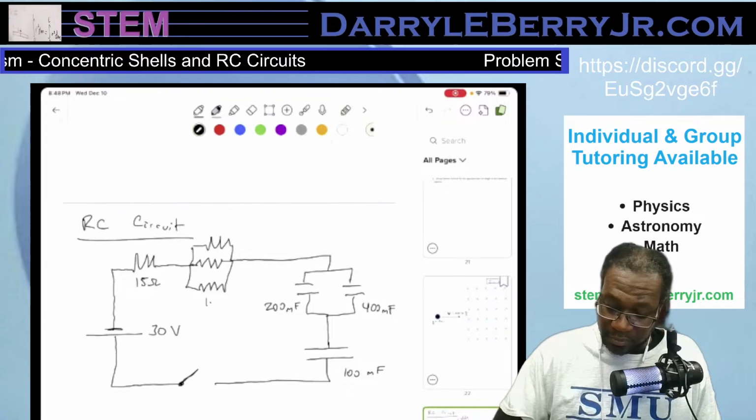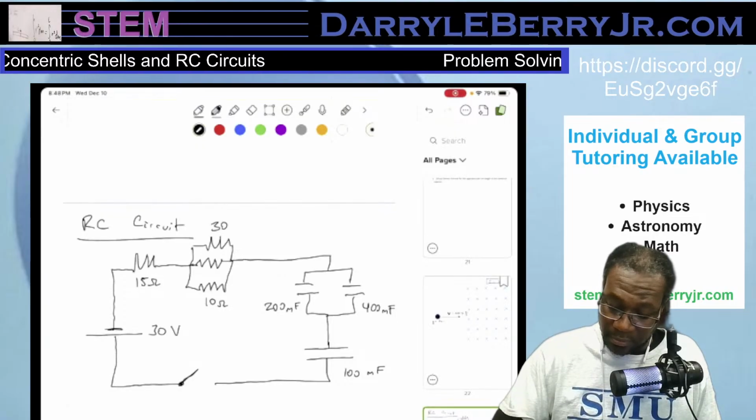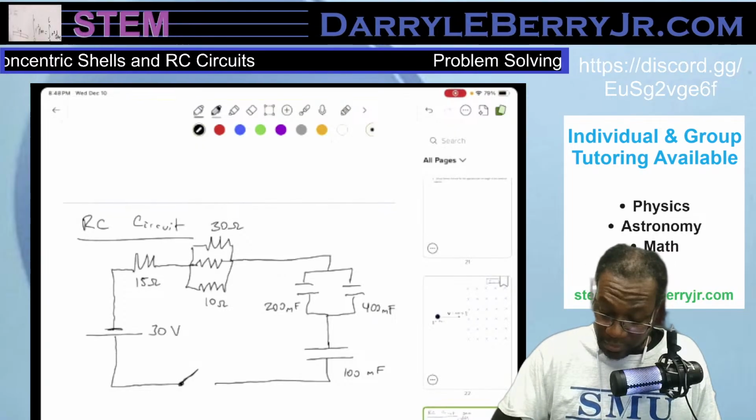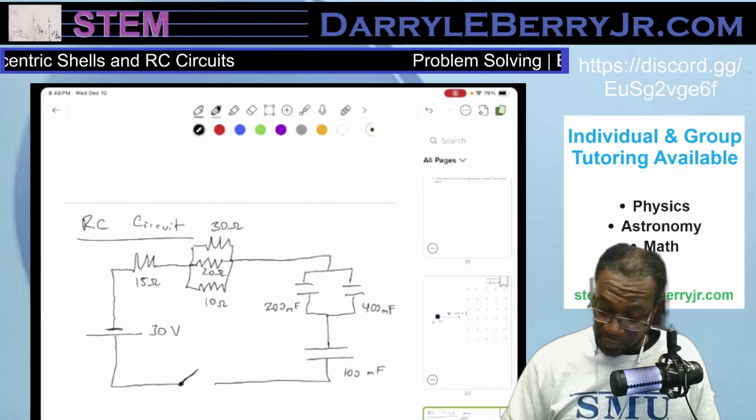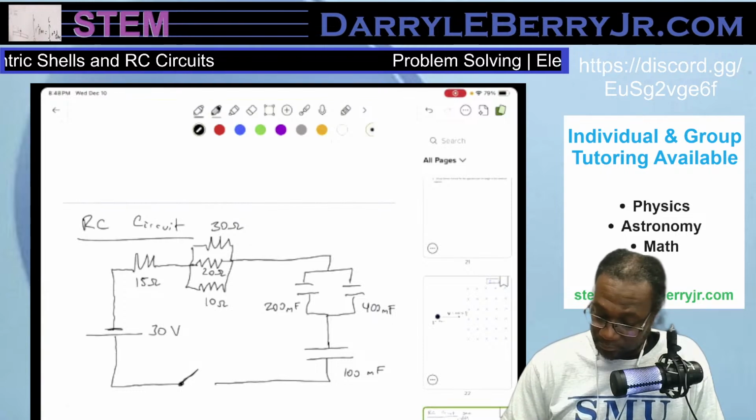Let's call this one 10 ohms. Let's call this one 30 ohms. And let's call this one 20 ohms. Right. So this is an RC circuit.